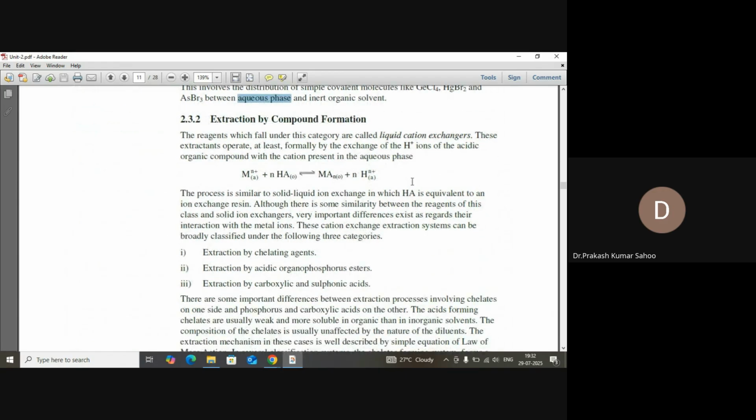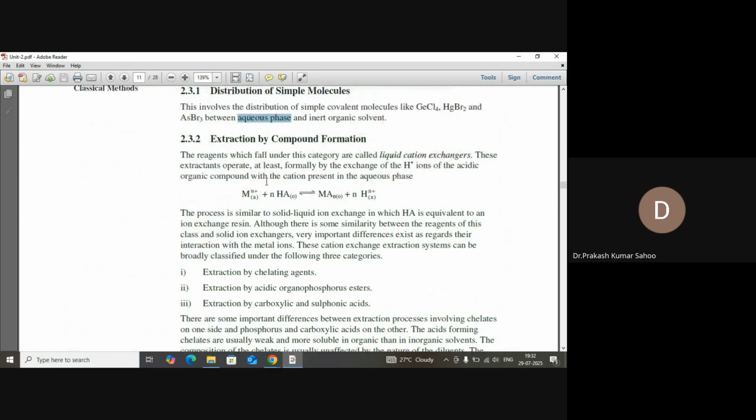Then extraction by compound formation. These molecules can be extracted by using a complexing agent to form a compound, by using a liquid cation exchanger.